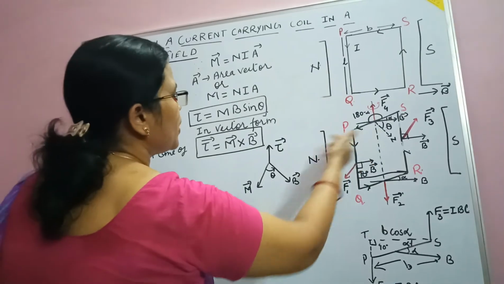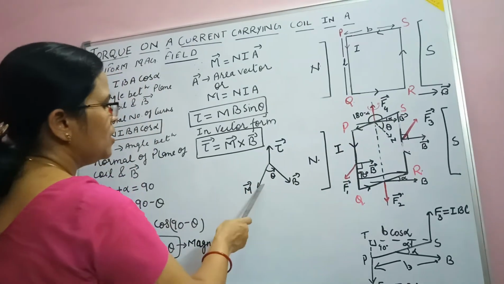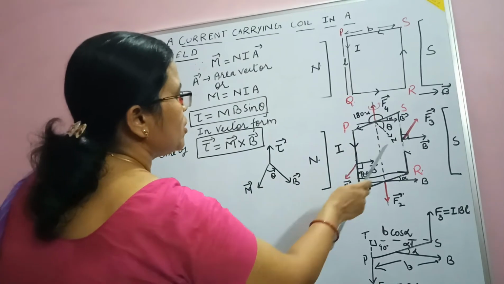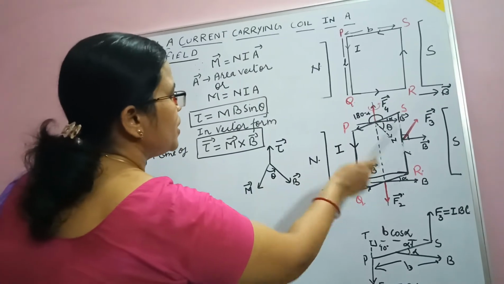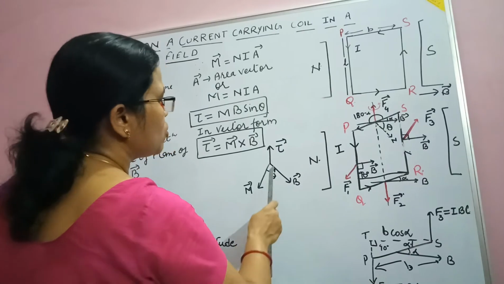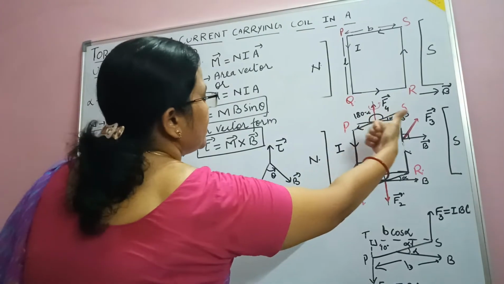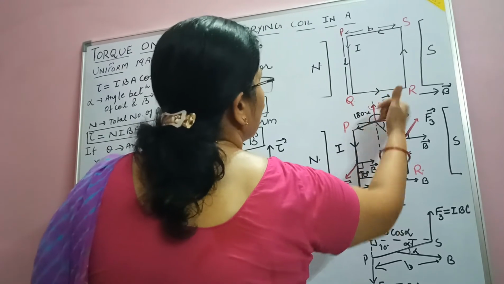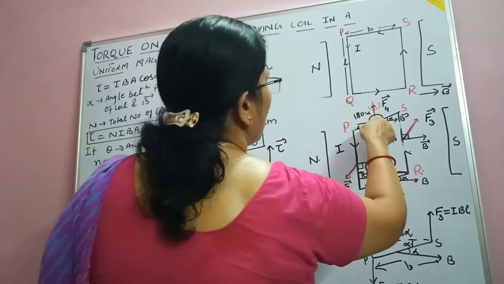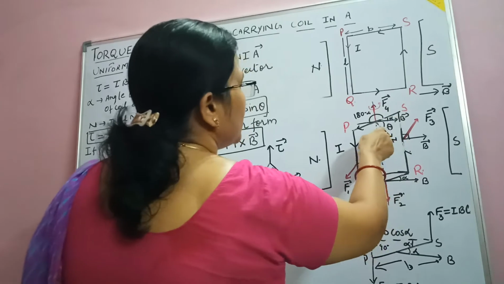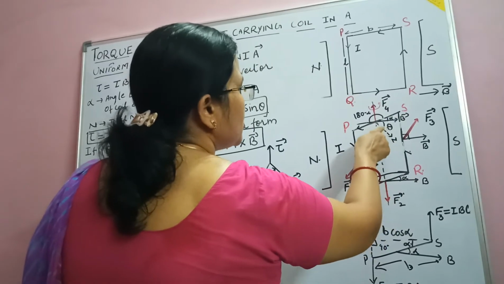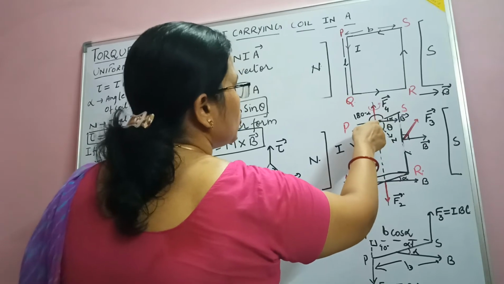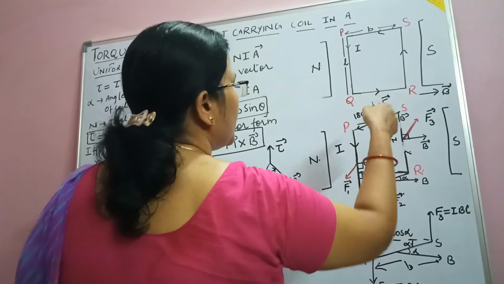Suppose this is the direction of the normal and this is the direction of the magnetic field. The normal direction will be the direction of the magnetic dipole moment. When you rotate it in this direction from M toward B, if you place the corkscrew here and rotate it anti-clockwise, the screw will come out in the outward direction.